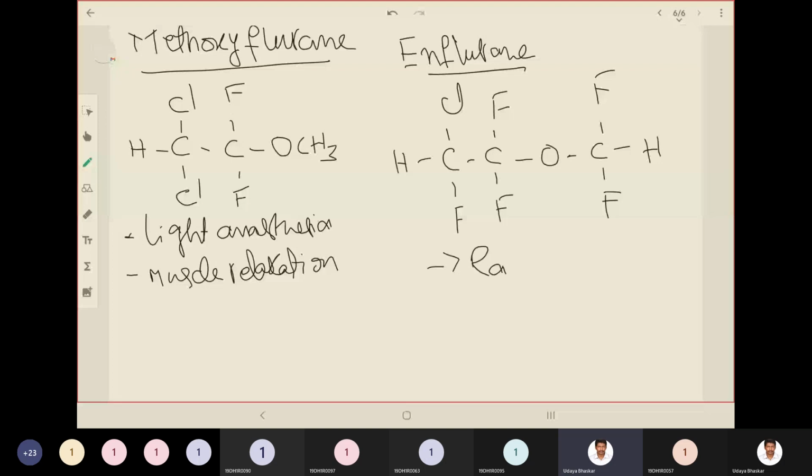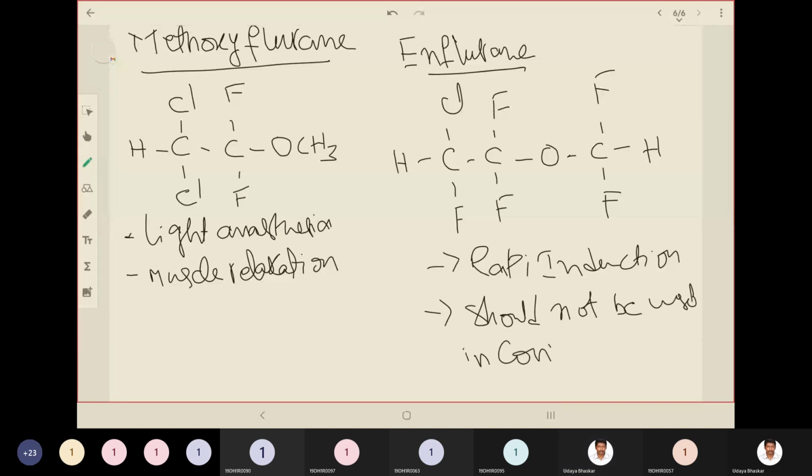If a patient is suffering from convulsions, in such patients enflurane should not be used in convulsive disease conditions. Okay, so this is about enflurane.